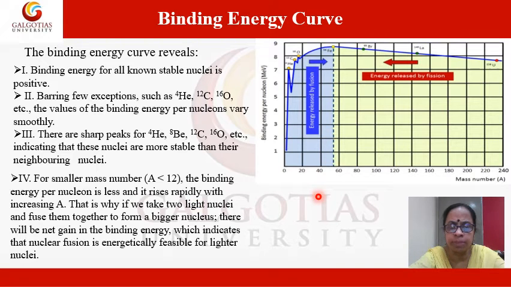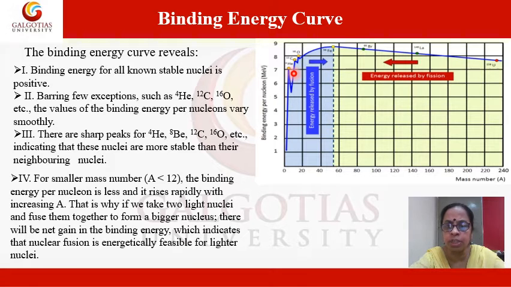For mass number less than 12, the binding energy per nucleon is less. It rises rapidly with increasing A. That is why if we take two light nuclei and fuse them together to form a bigger nucleus, then there will be a net gain in the binding energy, which indicates that nuclear fusion is energetically feasible for lighter nuclei.